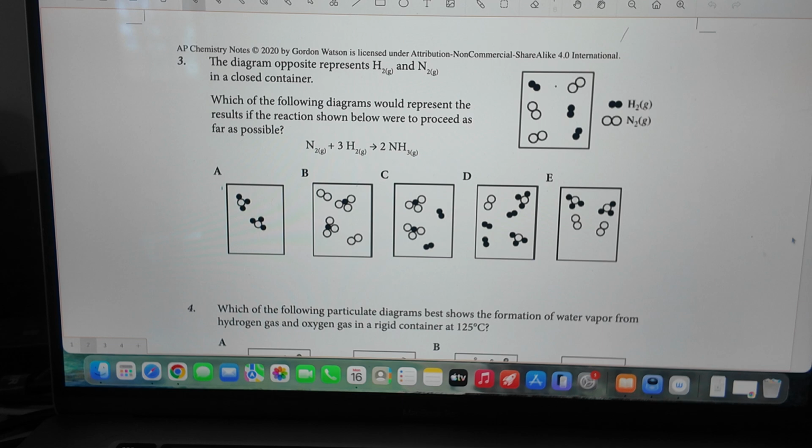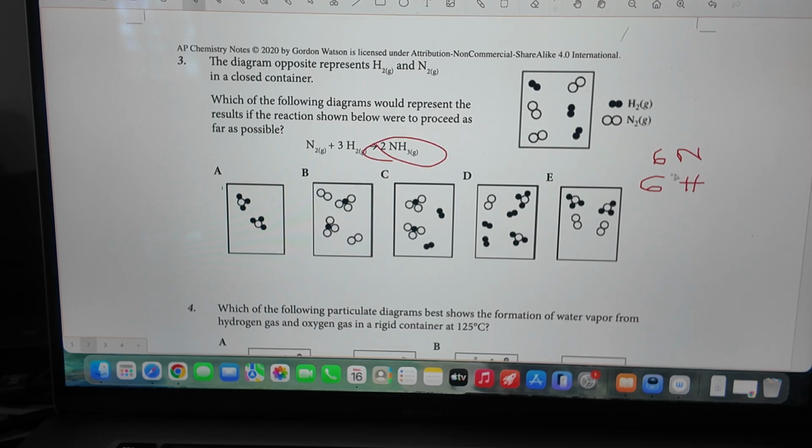And it's starting out with 1, 2, 3, 4, 5, 6 N's, and then 1, 2, 3, 4, 5, 6 H's. And then we end up getting this product, 2NH3. So we're only using 2 of the nitrogen, so we get 2N, and then H3. The H's I think we'll use all of them because 3 times 2 is 6. So 6 H.